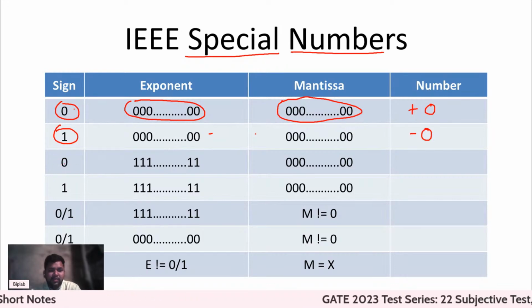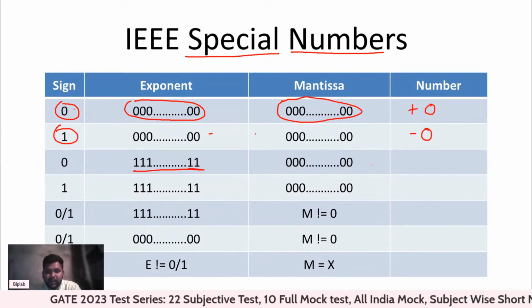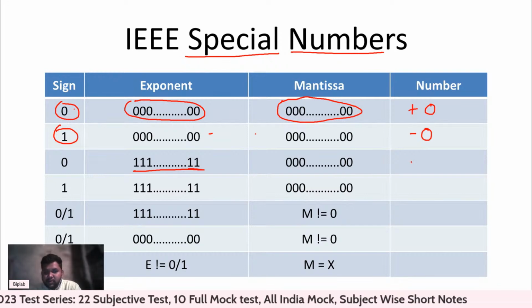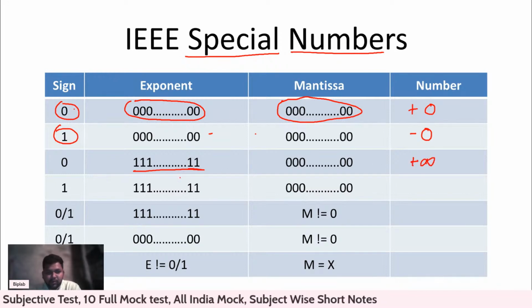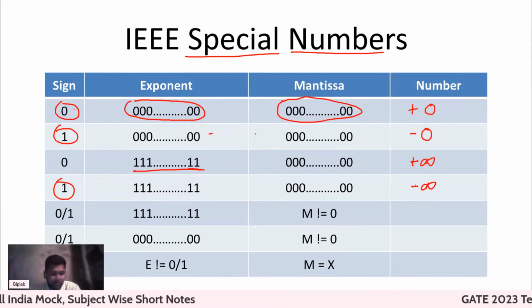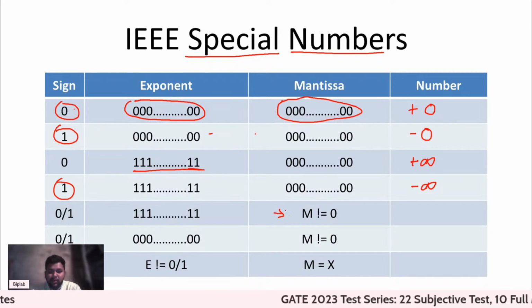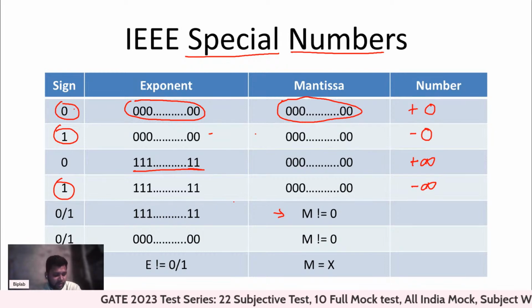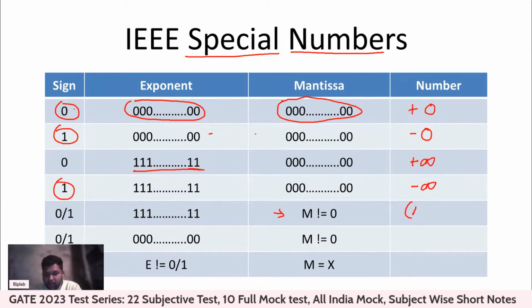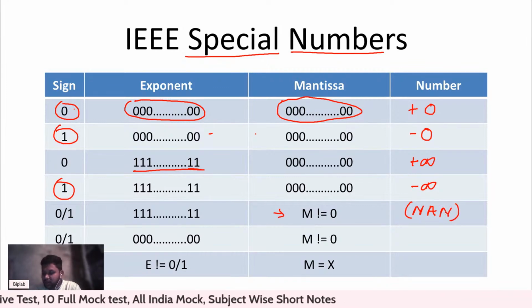When the exponent is all 1s and the mantissa is 0, it is called plus infinity. In the same way, if the sign is 1, it is minus infinity. When the mantissa is not equal to 0, there is something in the mantissa, but the exponent is all 1s, it is called NaN, that is, not a number.